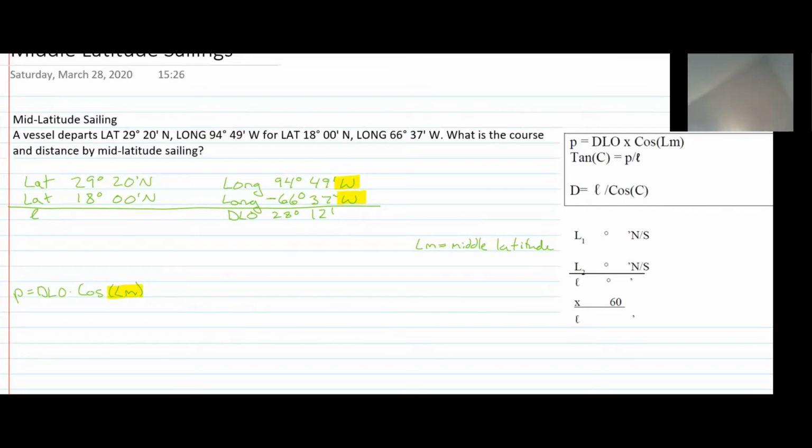So little l is the distance between our latitudes. It's also known as d-lat, just like d-low, but d-lat.